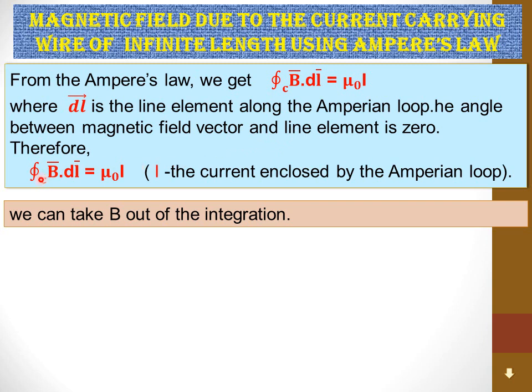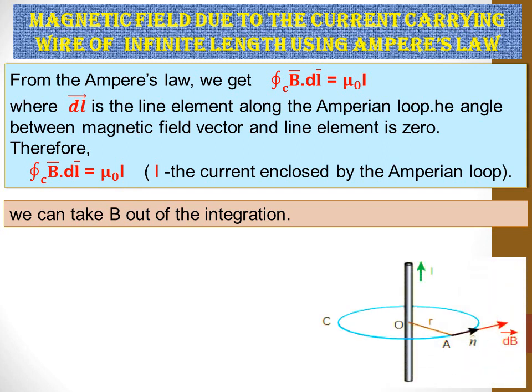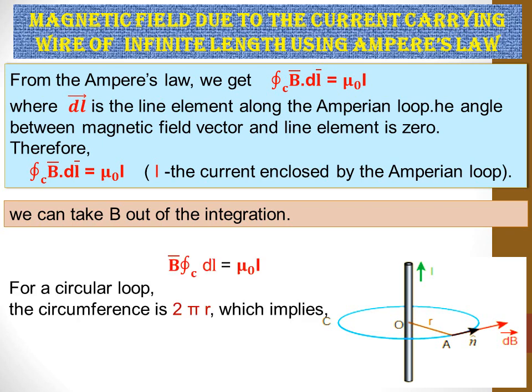Therefore, closed integral C of B dot dl is equal to mu naught I, where I is the current enclosed by the Amperian loop. Due to symmetry, the magnitude of the magnetic field is uniform over the Amperian loop. We can take B out of the integration, and we get B closed integral C dl is equal to mu naught I.